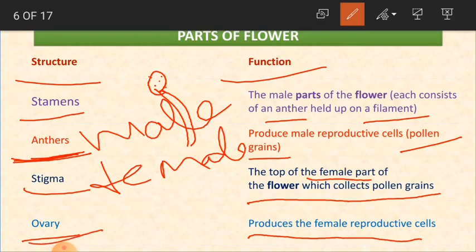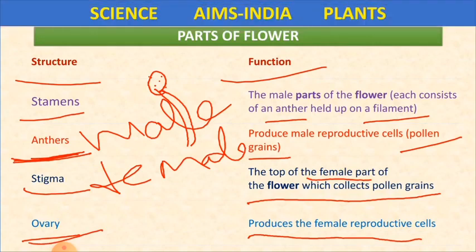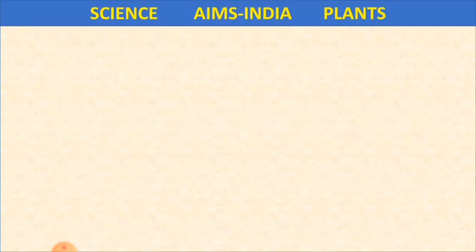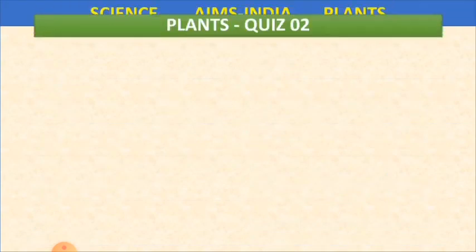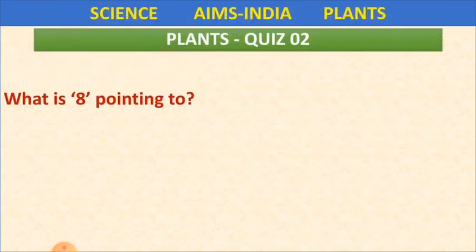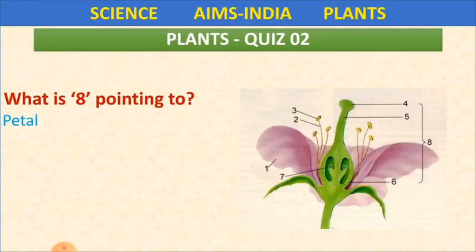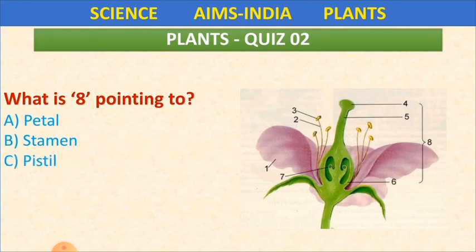Okay, clear, children? Okay, so we'll just answer some of the questions here as our revision part. So what is the first question for us? Here we have a diagram of a flower. You have to name the particular point here. What is the 8 pointing to? You are seeing numbers here.